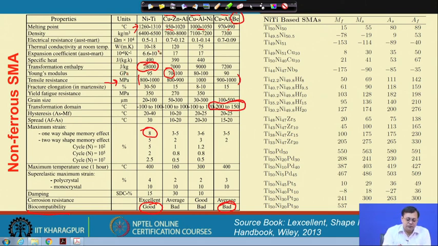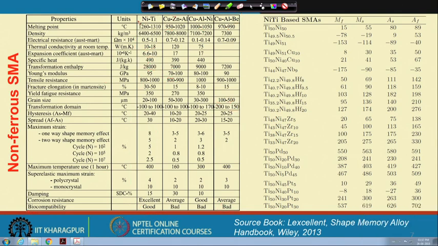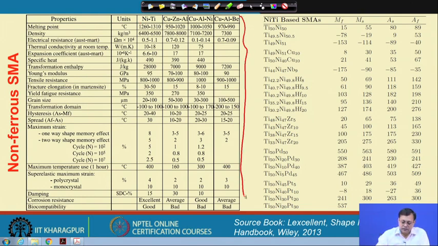The expansion coefficient is also very low in nickel-titanium, so there is a large biomedical application. By looking at these properties of nickel-titanium, we can suggest it is very good, whereas for high temperature behavior, the copper-aluminum-beryllium system could be exploited more.